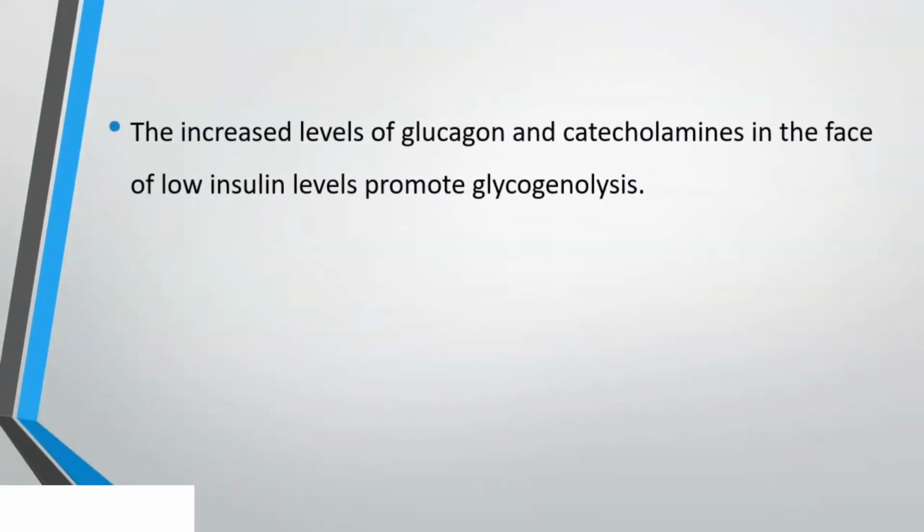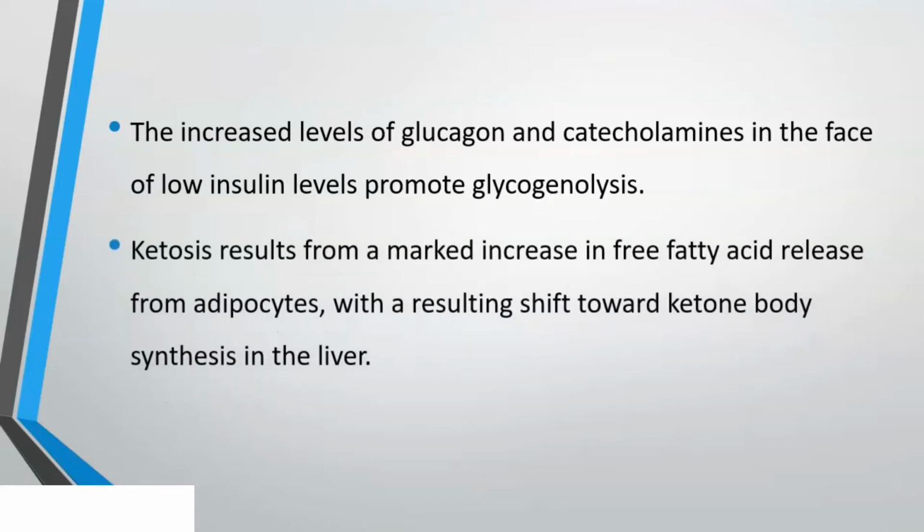The increased levels of glucagon and catecholamines in the face of low insulin promotes glycogenolysis. Ketosis results from a marked increase in free fatty acid released from the adipocytes with a resulting shift towards ketone body synthesis in the liver.